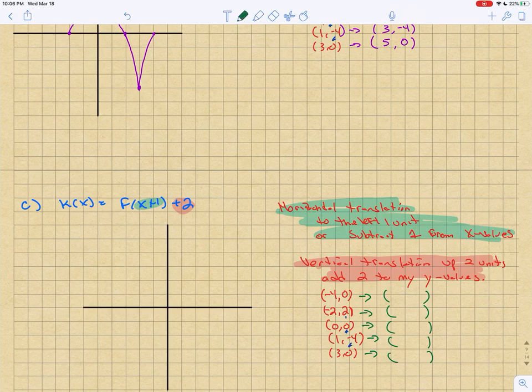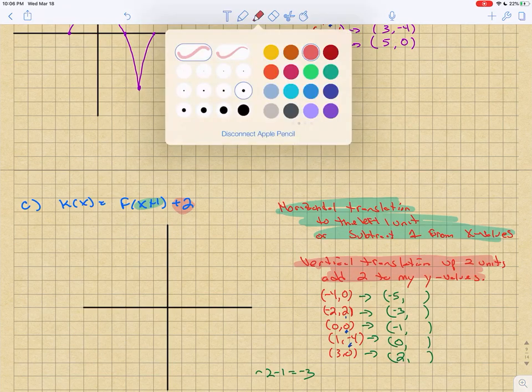I'm going to subtract 1 from my x values. So -4, when I subtract 1 from it, gives me -5. -2 subtract 1 is -3. 0 subtract 1 is -1. 1 subtract 1 is 0. 3 subtract 1 is 2. So I just finished taking care of the horizontal translations.